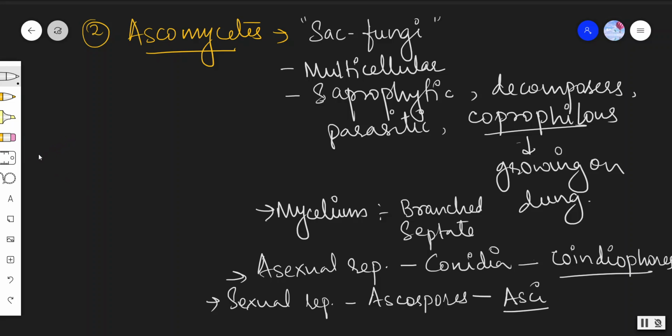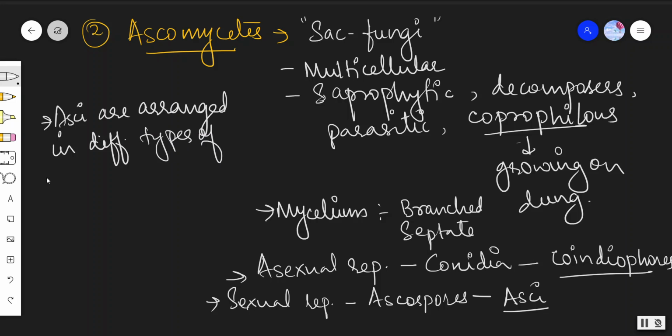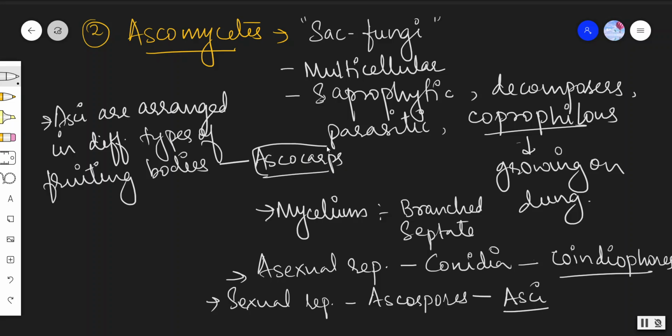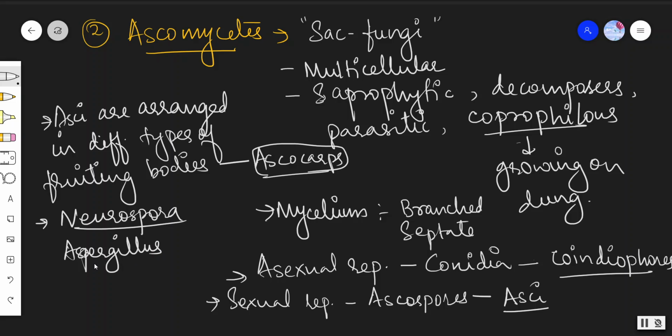These asci are arranged in different types of fruiting bodies called ascocarps. Examples of this are Neurospora, Aspergillus, etc. Okay, this is about Ascomycetes.